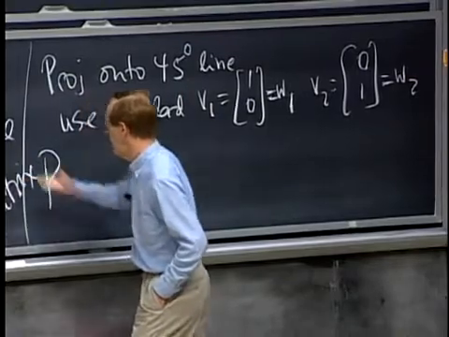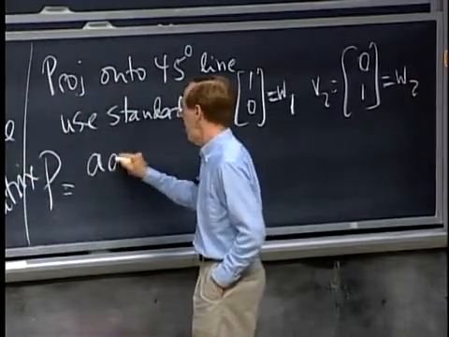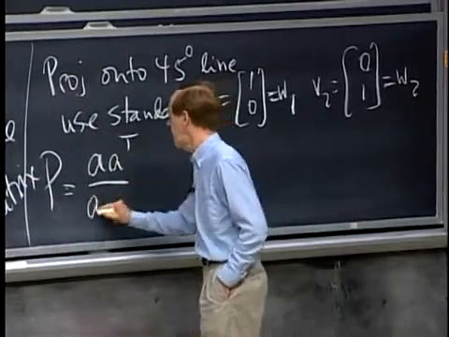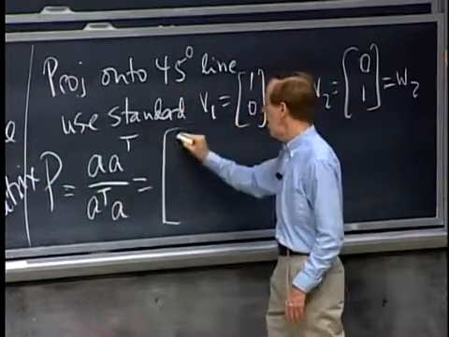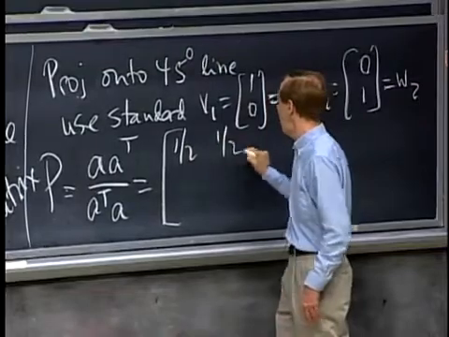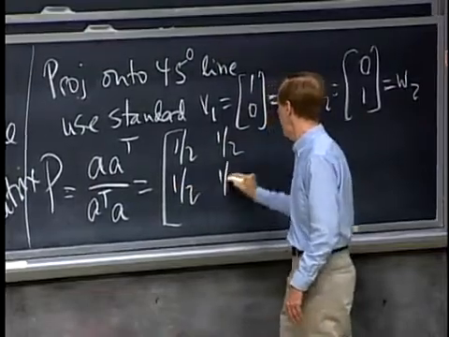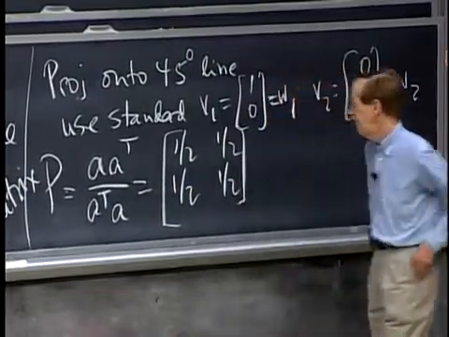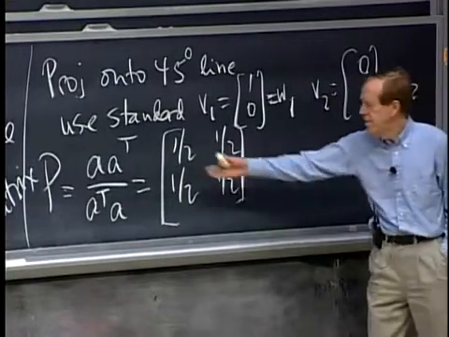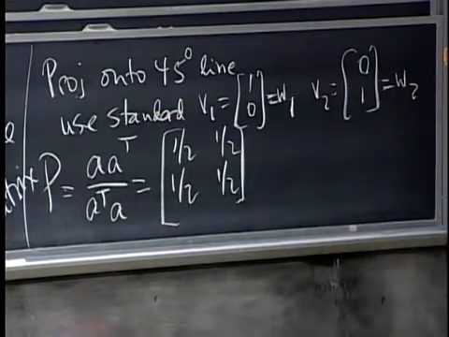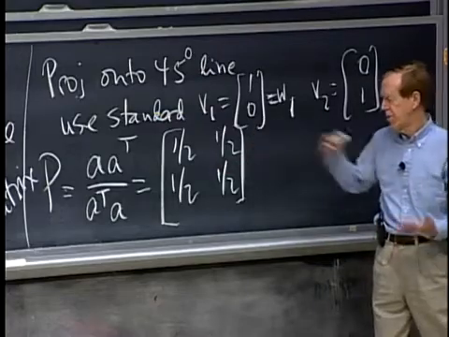Do you remember P was A transpose over A transpose A? And I think in this example, it'll come out 1/2, 1/2, 1/2, 1/2. I believe that's the matrix that comes from our formula. And that's the matrix that'll do the job.